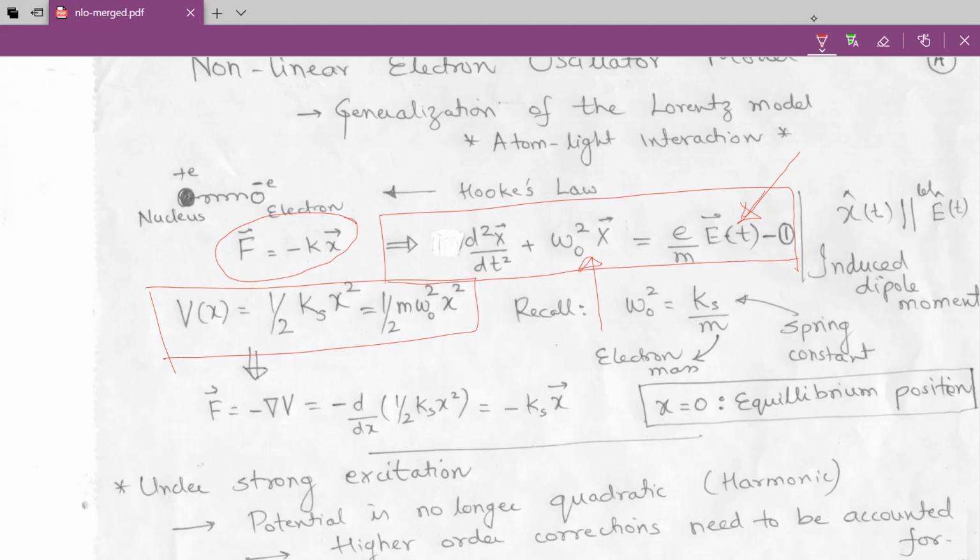Now this is the situation for the linear Lorentz model. This is what we have learned. We have looked at the solutions of this earlier, so I will not dwell beyond this. So what is different in the nonlinear model is that we are now looking at a much stronger excitation. That is, my source term here, E of t, has a much larger amplitude.